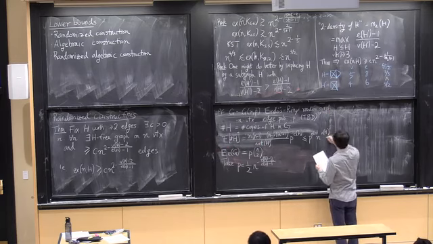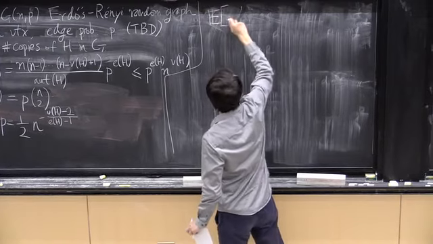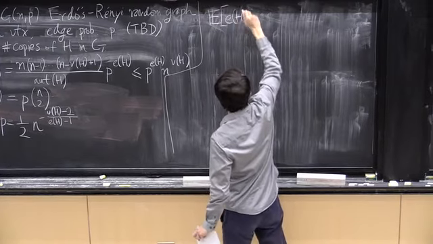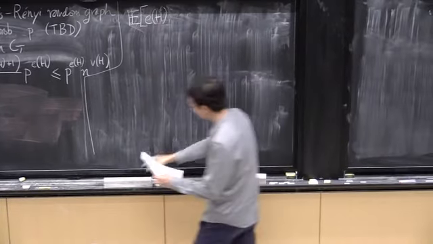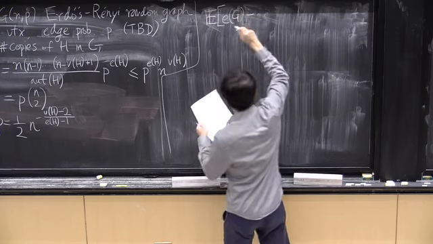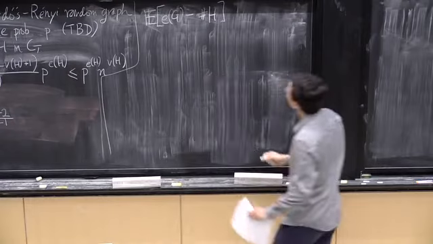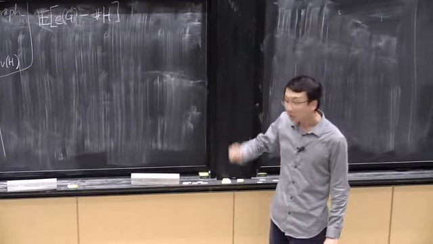Once you have this p, see that the difference, so take the number of edges of G minus the number of copies of H. So I know the expectation of both.